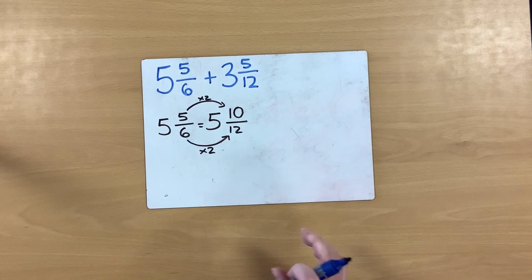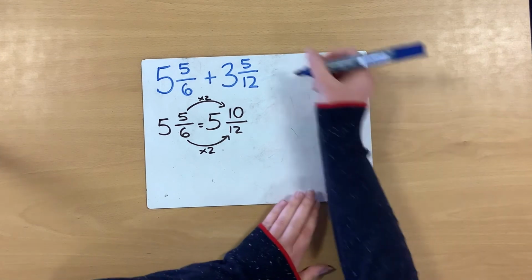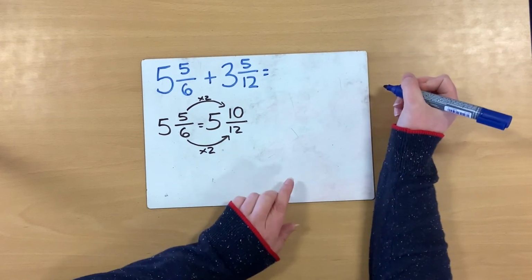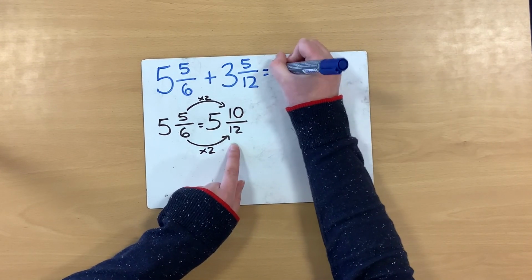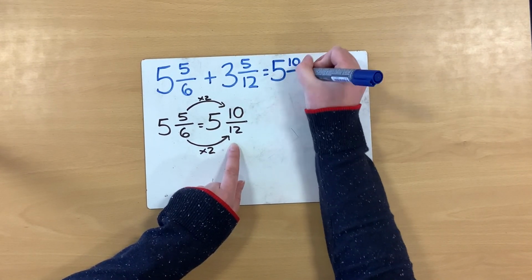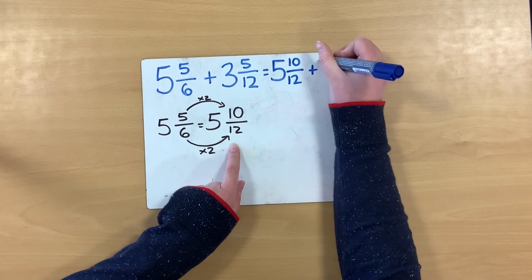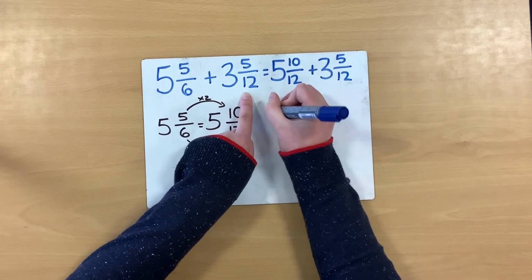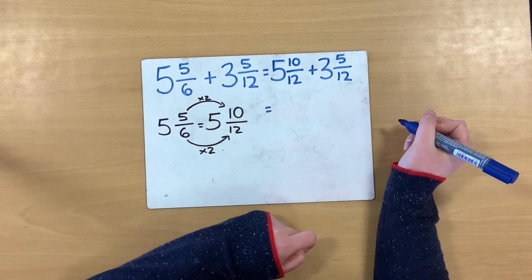Now that we've converted, let's add them up together. So do it on your whiteboard as I go through. We are now going to do 5 wholes and 10 twelfths, add 3 wholes and 5 twelfths. My next step is to add my wholes.